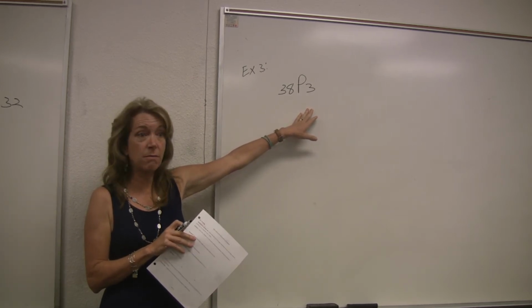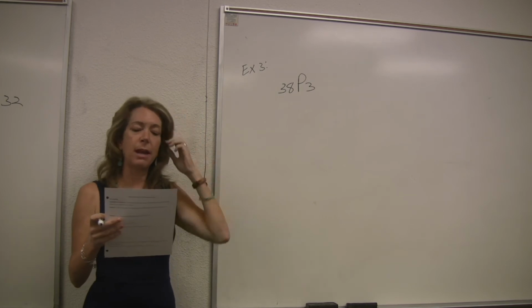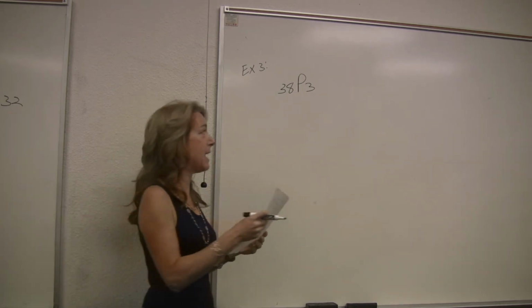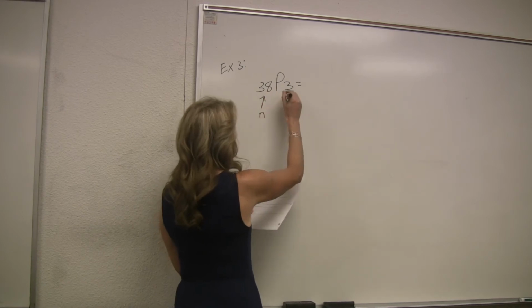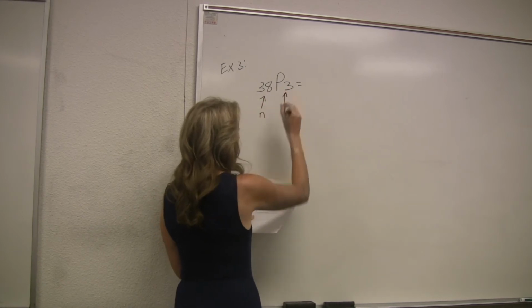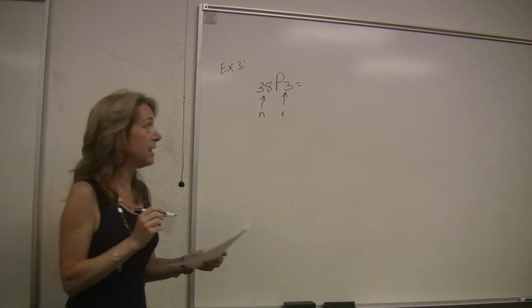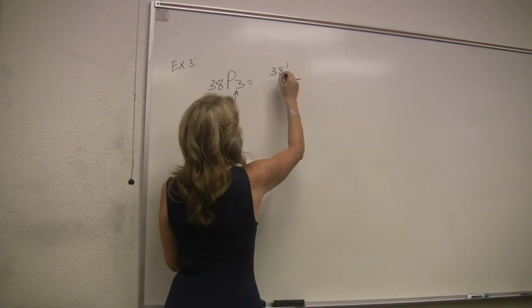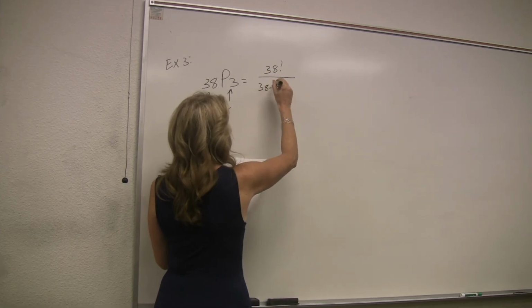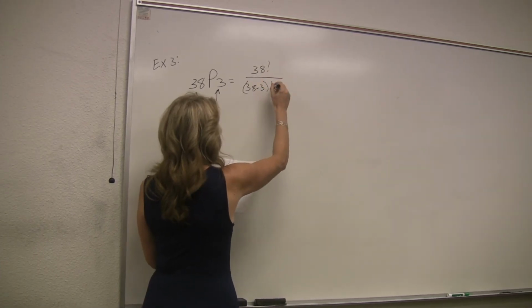Okay with that notation? So there's a formula there. The formula says that this is N and this is R. So the formula says that in our case, it's going to be 38 factorial divided by 38 minus 3 factorial.